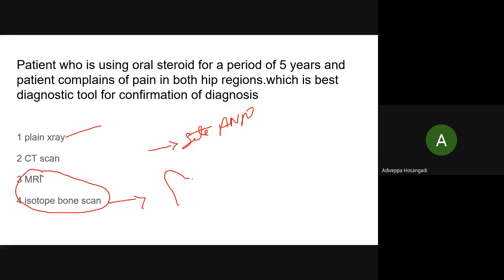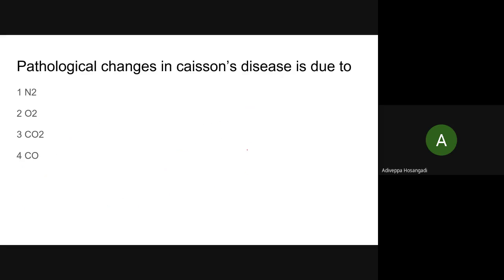You will see just a hot spot in the femoral head, but you cannot say whether it is anterior, posterior, superior, inferior. But in MRI, you can easily identify the position exactly. So there's no doubt, diagnostic confirmation of AVN is by MRI. No doubt about that.